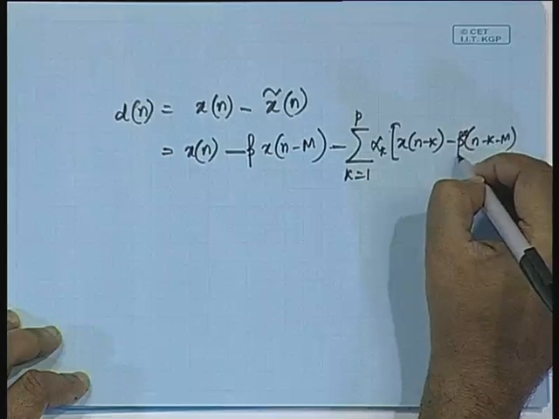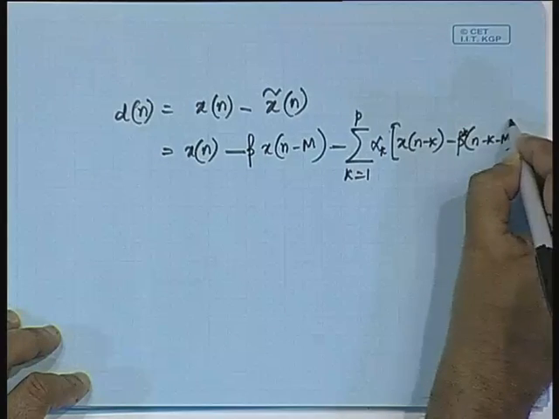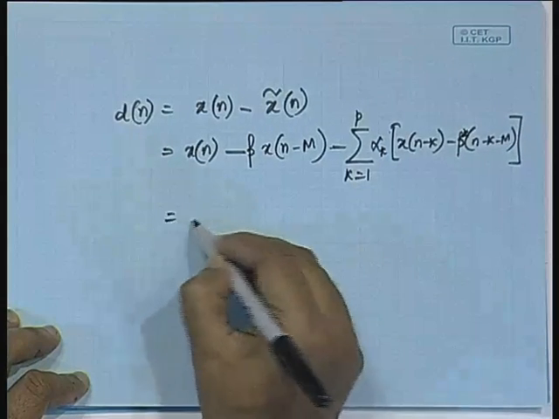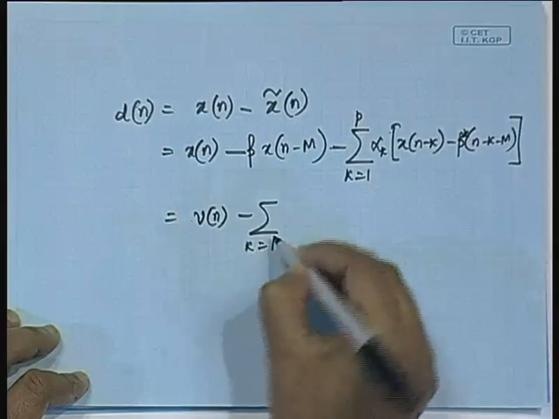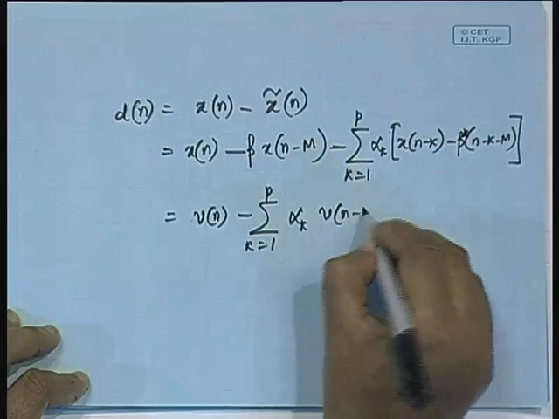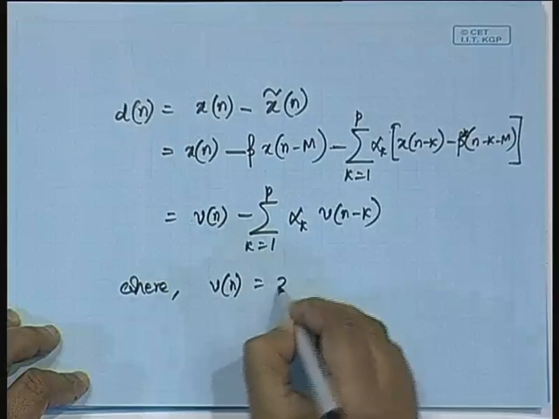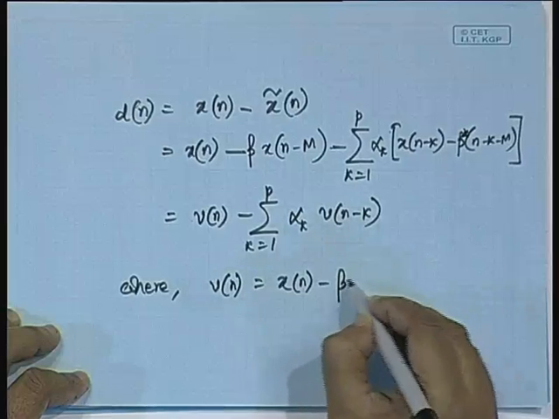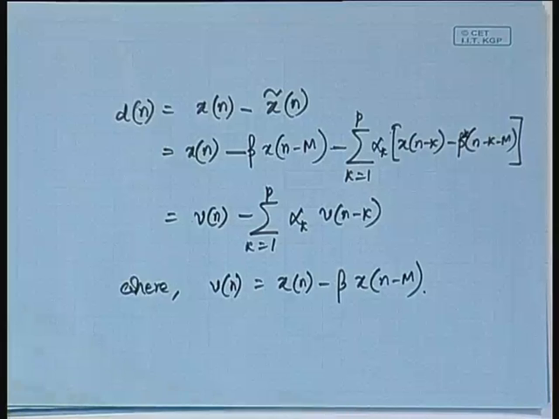I happened to omit this x, so please include beta times x of n minus k minus M. So, this one can write down as v of n minus summation k equal to 1 to p alpha k times v of n minus k, where v of n is nothing but x of n minus beta times x of n minus M. So, this is by including the periodicity into our prediction process.